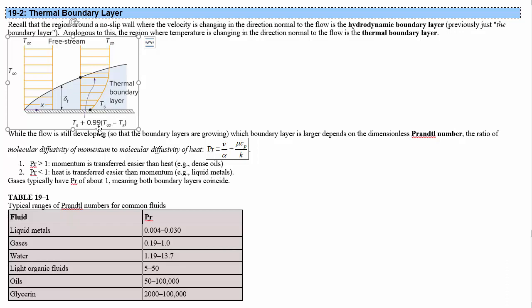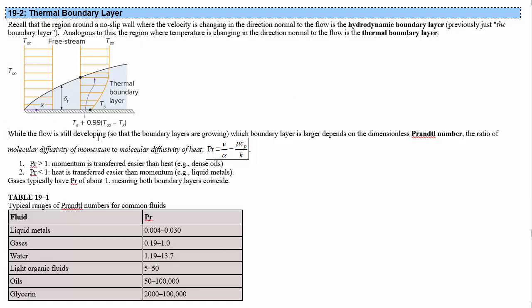So that would mean that you're 99% of the way from Ts to T infinity. That would be the edge of the thermal boundary layer. So the thickness is given the symbol delta T, and this is a construction that we're going to imagine for thermal versus momentum boundary layer.